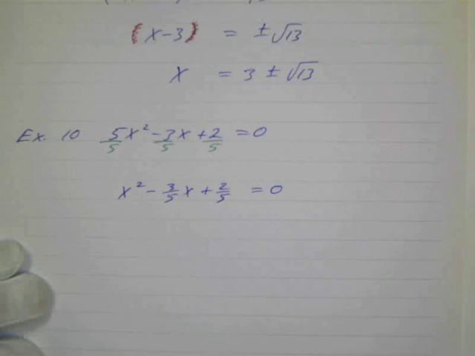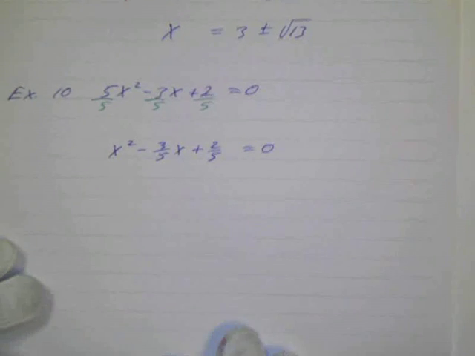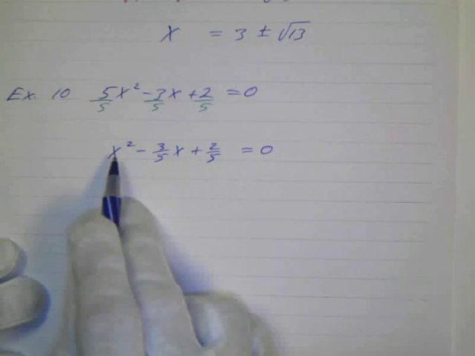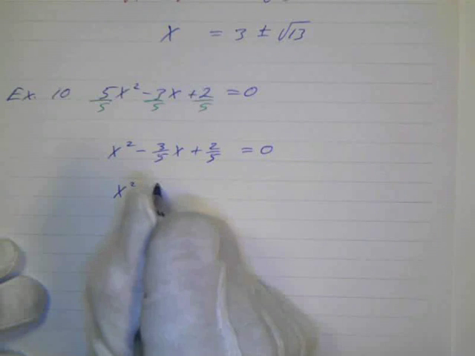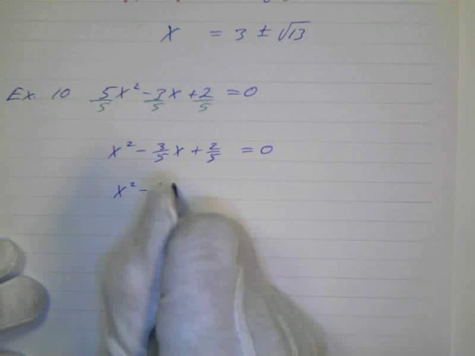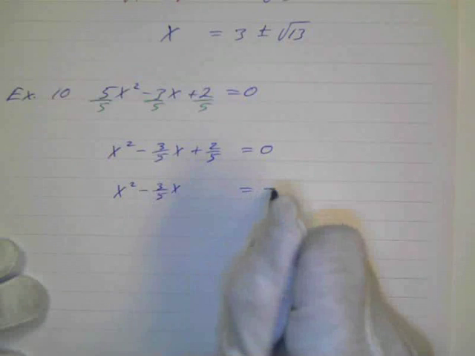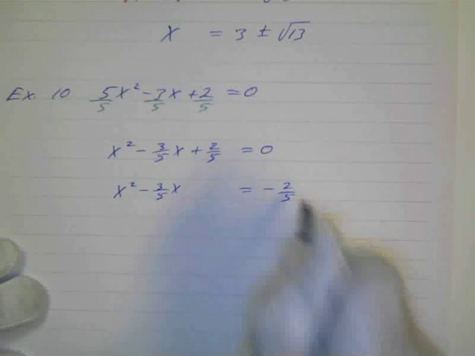And then we follow the same process, although it's going to be a tad more complicated. First of all, I'll isolate my x squared and x term, so I've got x squared minus 3/5 x equals negative 2 over 5.